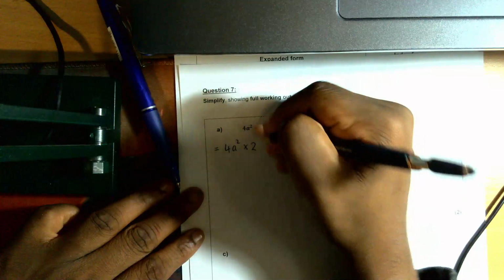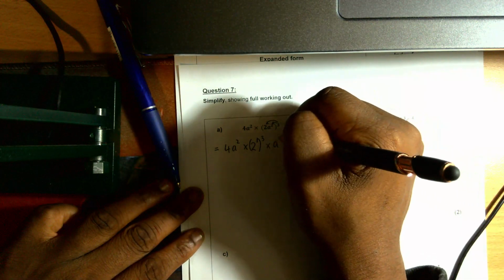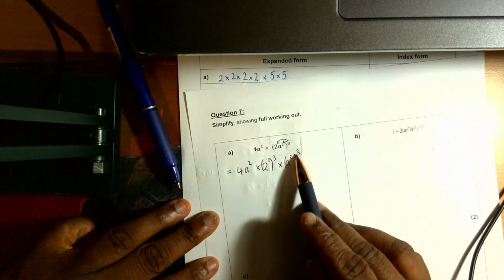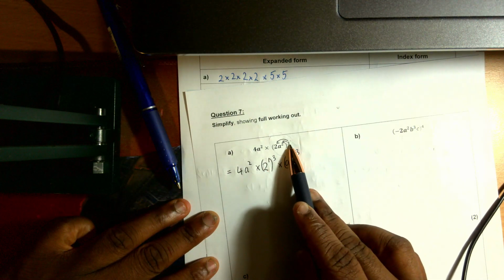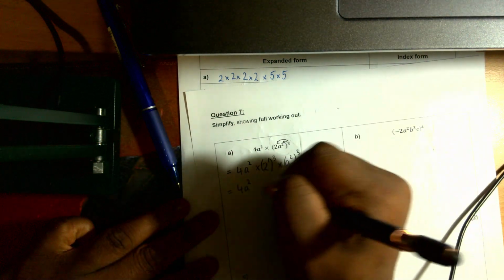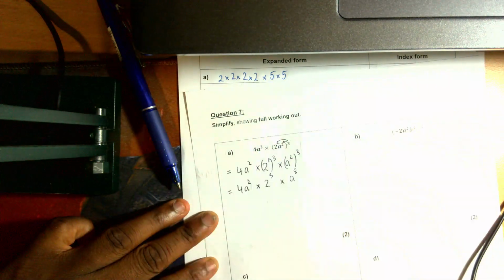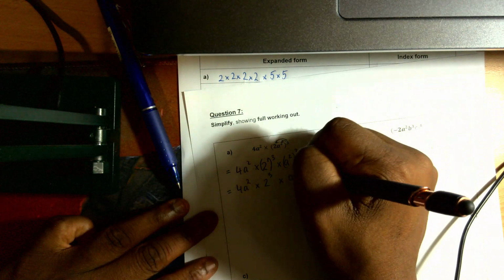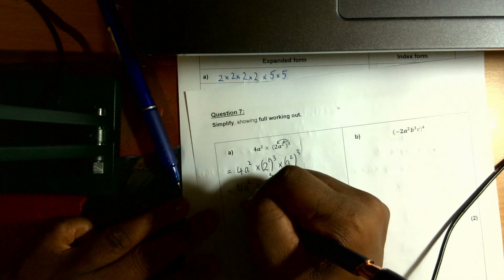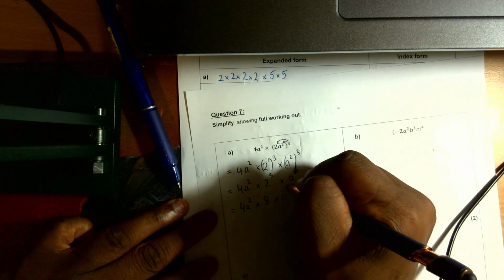So we're gonna have 2 to the power 1 cubed times a to the power a squared cubed, because I'm distributing the 3 into this power. So this gives me 4a squared times 2 to the power 3 times a to the power 8. Sorry, a to the power 6. This is 4a squared. 2 to the power 3 is 8 times a to the power 6.